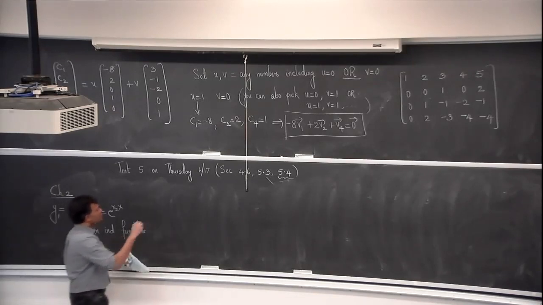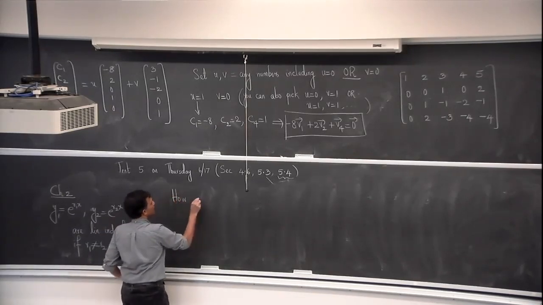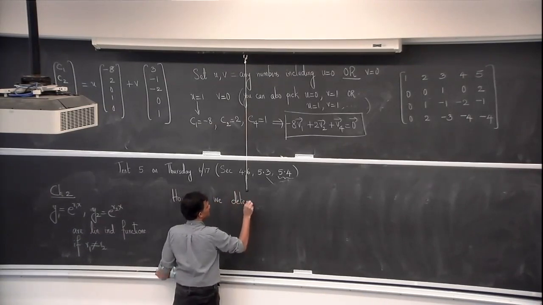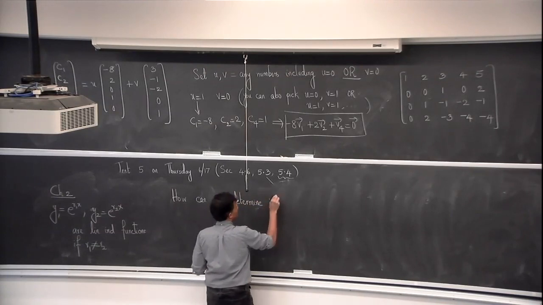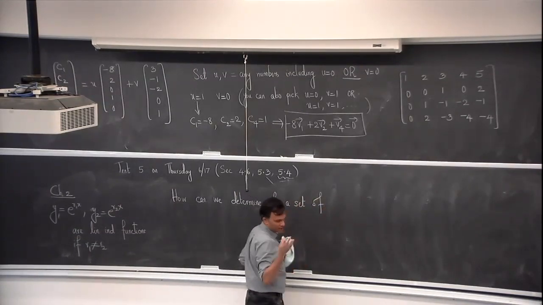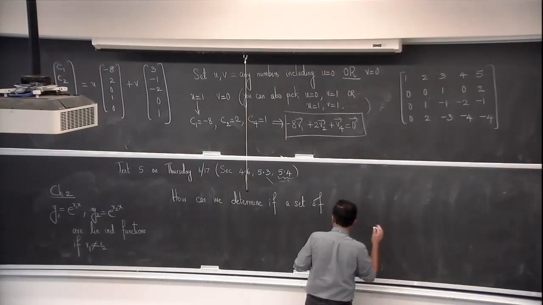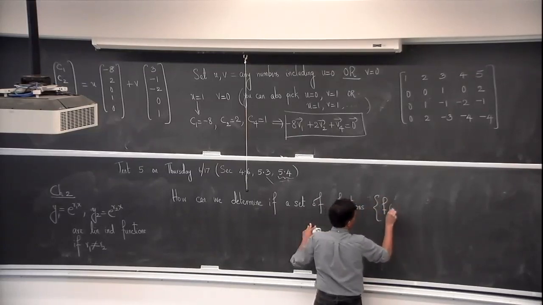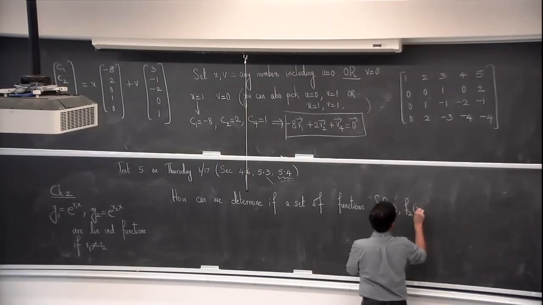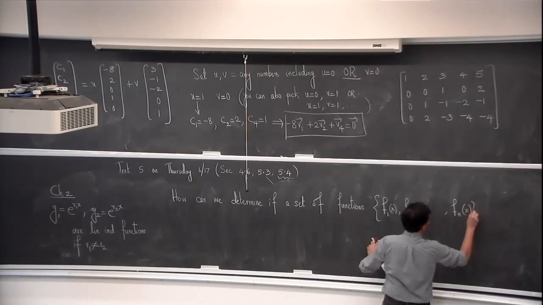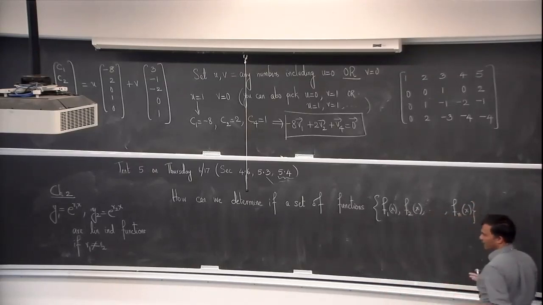So the question is, how can we determine if a set of functions, we are back to the functions that you were doing in calculus, these are all vectors in an abstract sense, so a set of functions f1 of x, f2 of x, dot dot dot, fn of x are linearly dependent or independent.